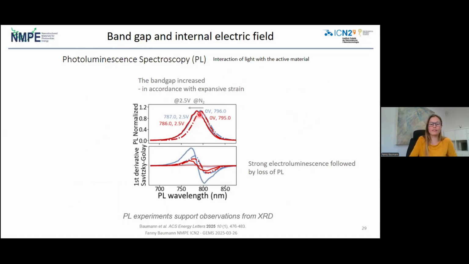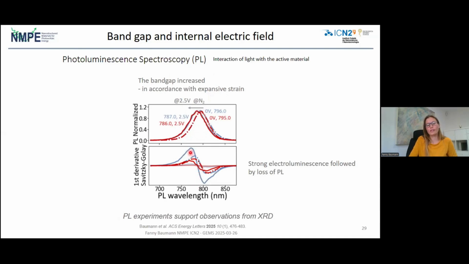So it's a pulse laser of 153.6 nanometer. And what we see is that when we apply the conditions, the photoluminescence peak shifts to the left. And this is happening in both the reference and the modification.